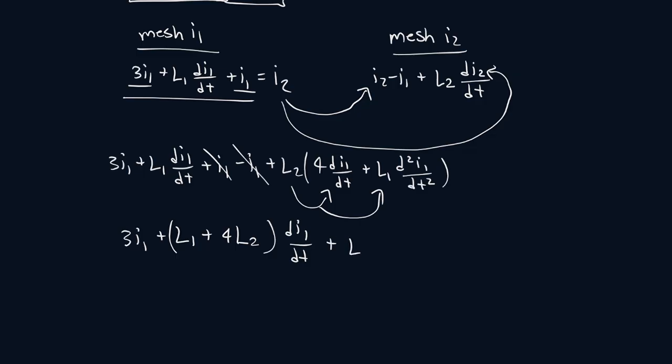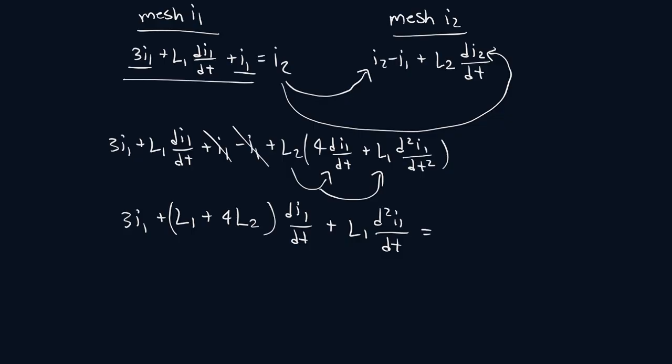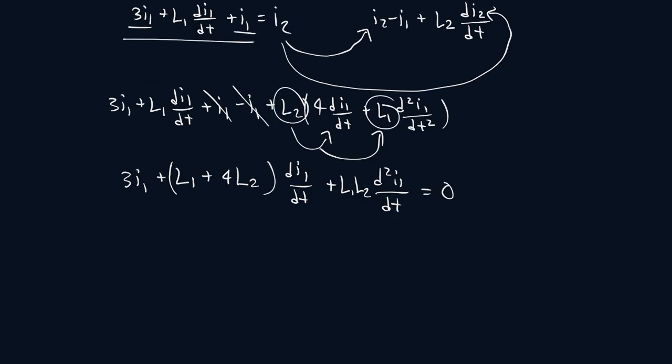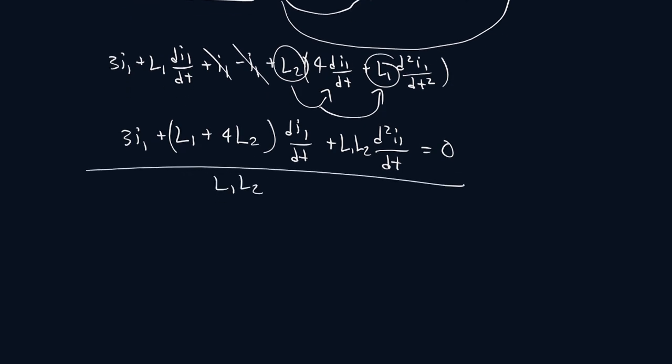Plus L1 L2 d2i1 over dt squared. Oh yeah, sorry, L1 times L2. So these two are being multiplied together, equals 0. Now I'm going to divide this whole thing by L1 times L2. So I should get the following.